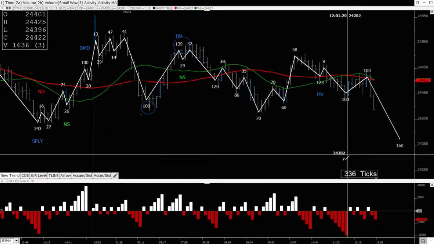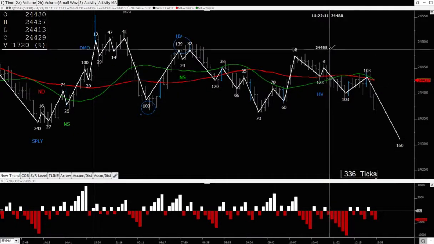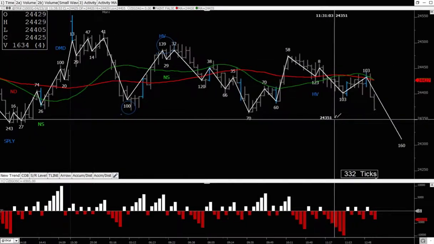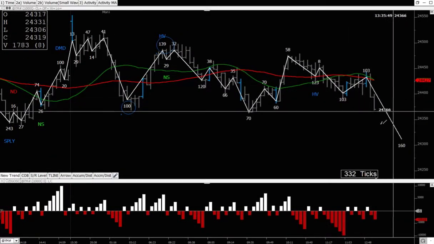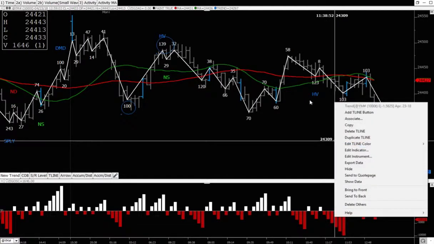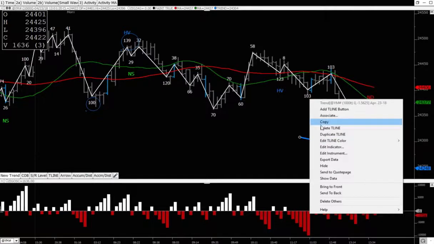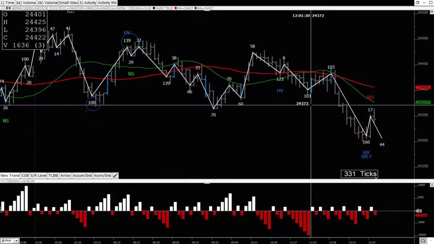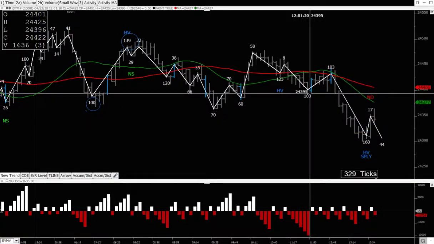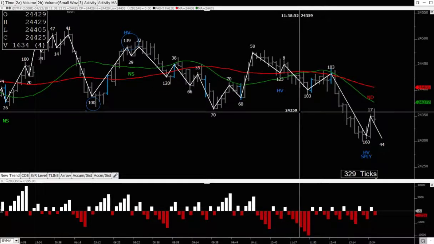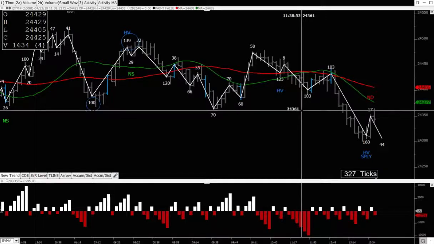This is important, as is this. Because I believe that this set up the move that came afterwards, the down move. You can't deny this. And not only that, but you have this 123 in the background too. So it cannot be denied.